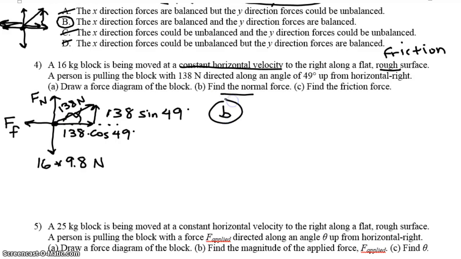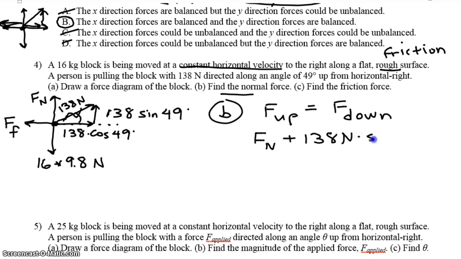Step B, find the normal force. The normal force is a y direction force, so we should use the equilibrium condition that the forces balance. So what are the up forces? We have the normal force, and then we also have 138 newtons times sine 49. And what are the down forces we have? We have 16 times 9.8.